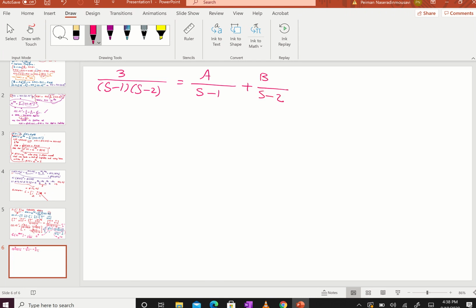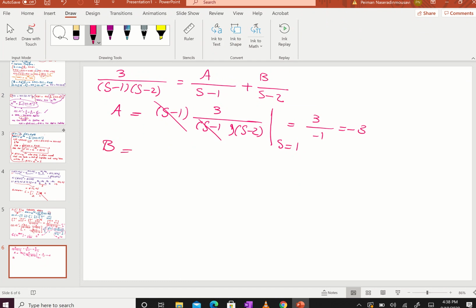So you can use the residue of this function. A is (s minus 1) multiplied by this term at s equals 1, because there are no repeated poles. This with this cancels, so what you get is 3 divided by minus 1. A is going to be minus 3.